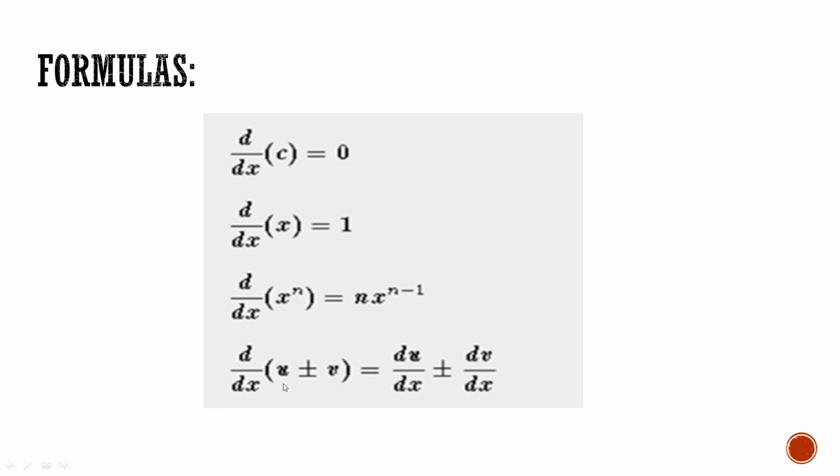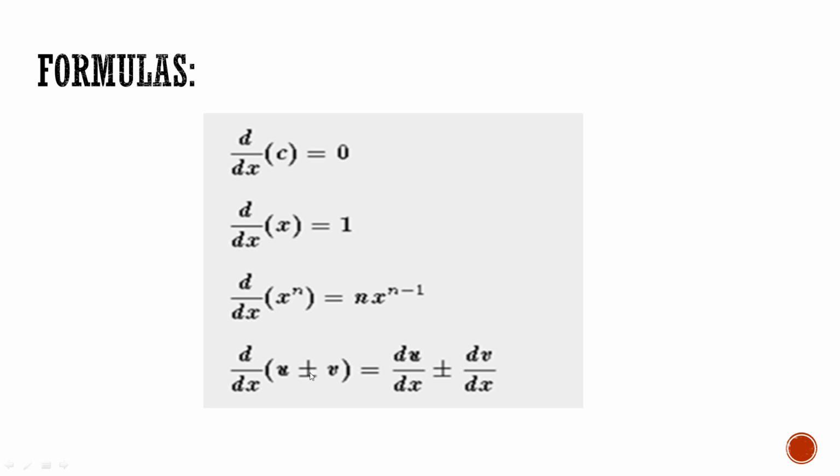And then for algebraic sum or algebraic difference, we'll just have to derive the terms inside the quantity. So as you can see here, the differential of this function with respect to x is du over dx.